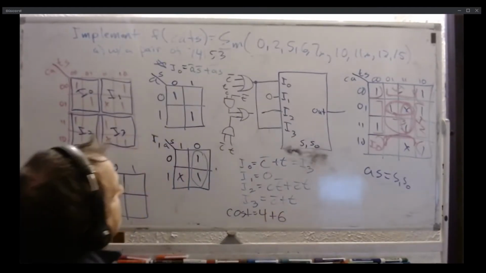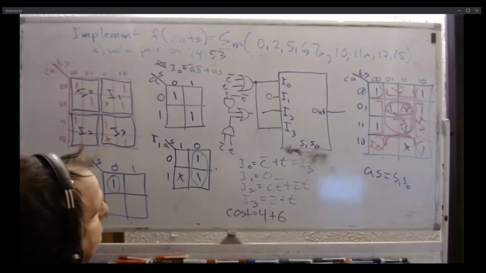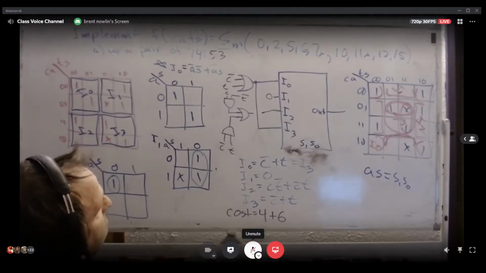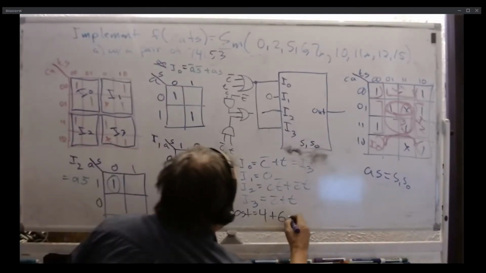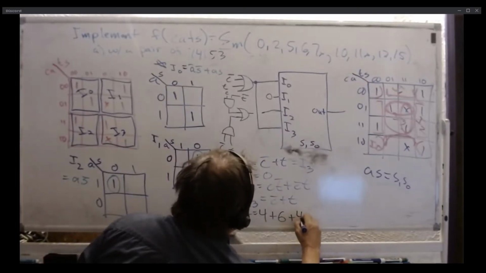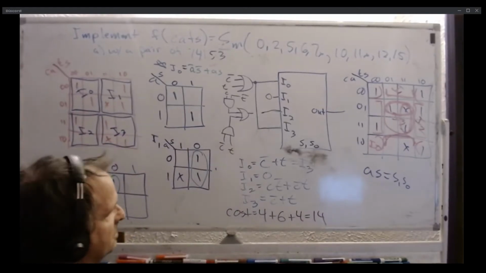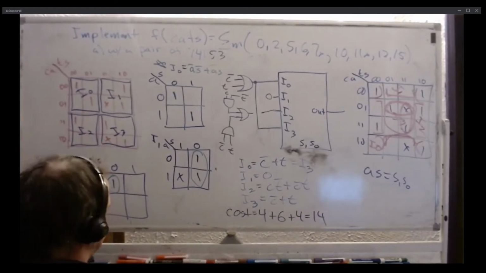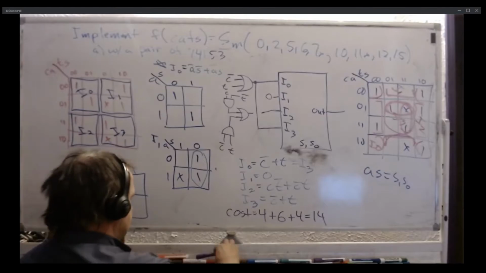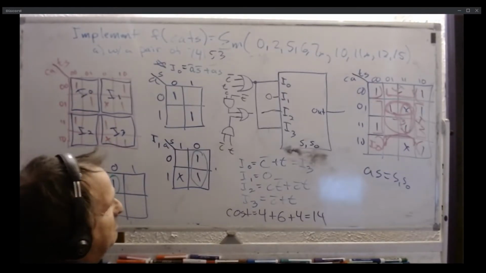Do you guys get 6? 6 literals, right? How many gates, guys? 4. Isn't that the lowest cost we found so far? So sometimes it pays to keep on digging.